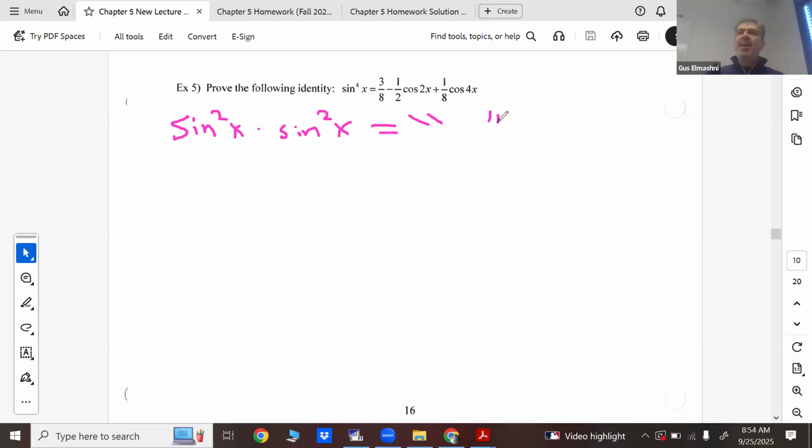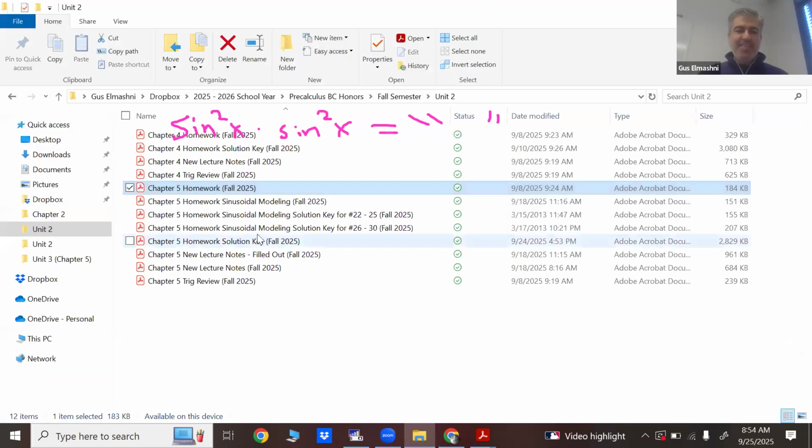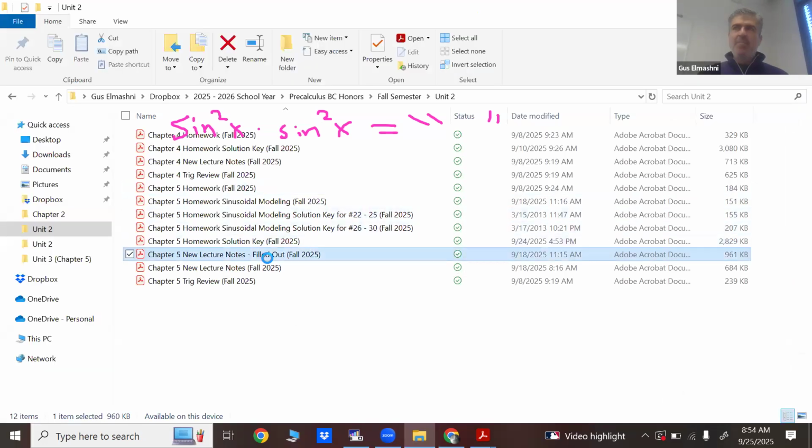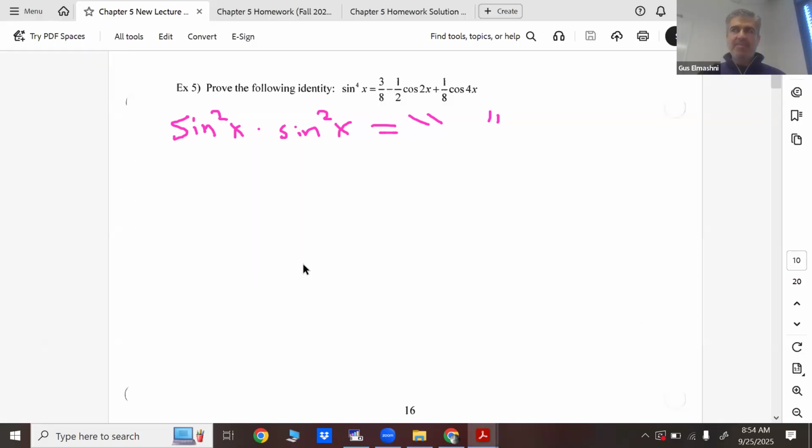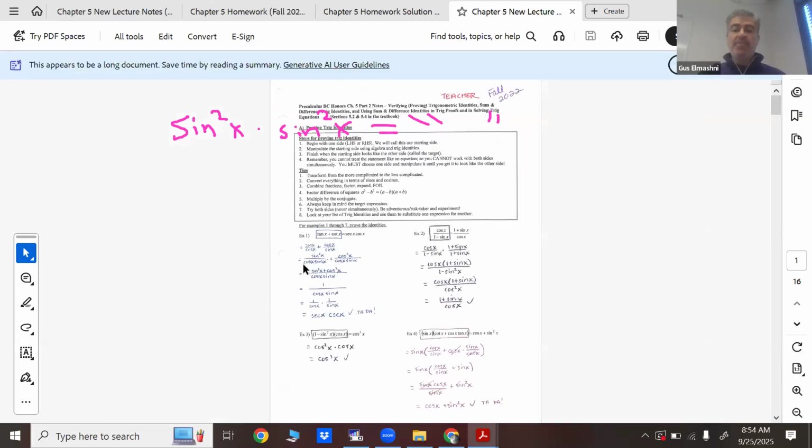Okay, I'll give you guys a chance to work on it. I'm going to freeze the screen and pull up the answer key, because I have the answer key. I'll give you a few minutes to work through it and I'll walk around. It's very similar to the homework. I gave you a little push: start with the left side.